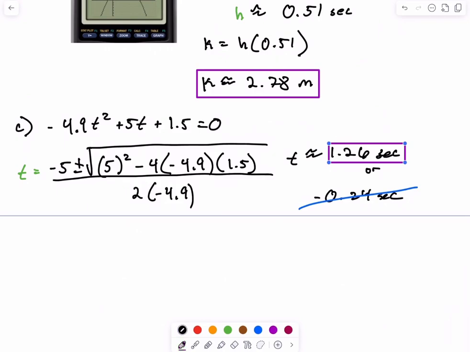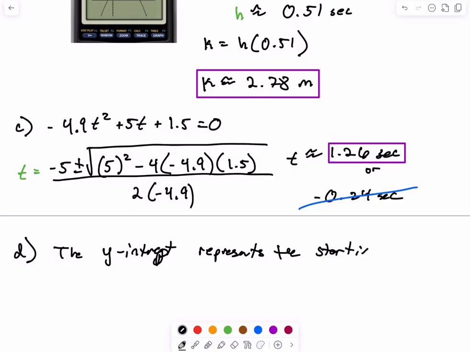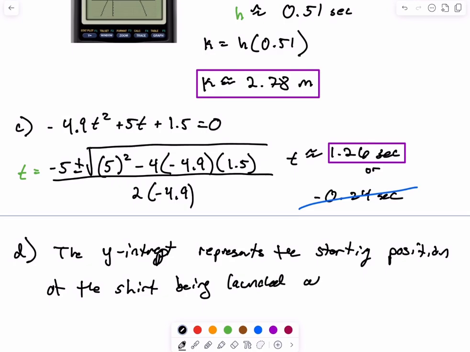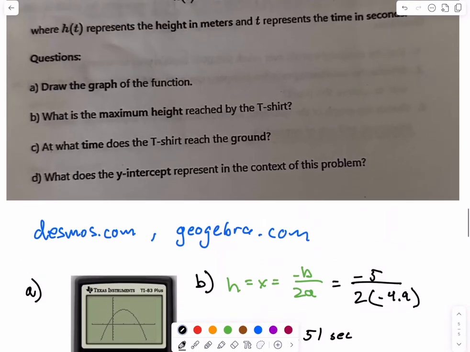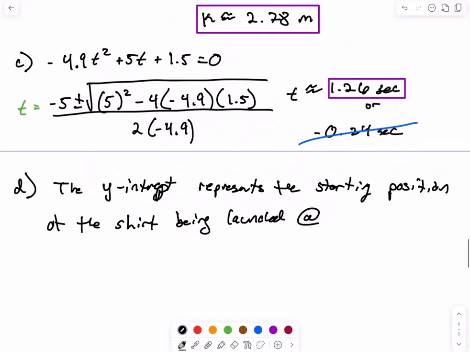So then D, the y-intercept represents the starting position of the shirt being launched at 1.5 meters.